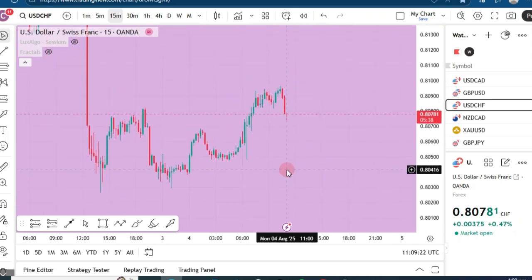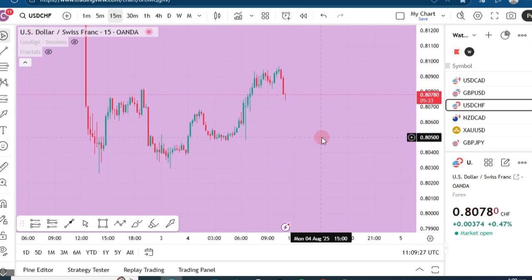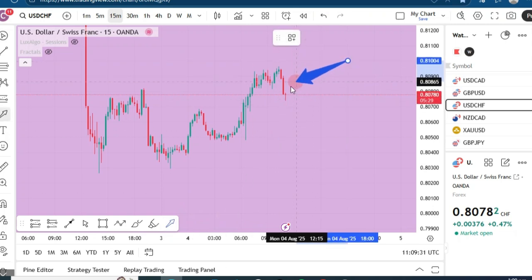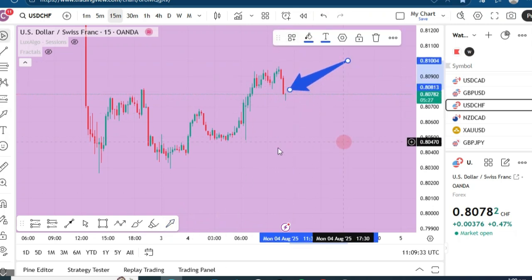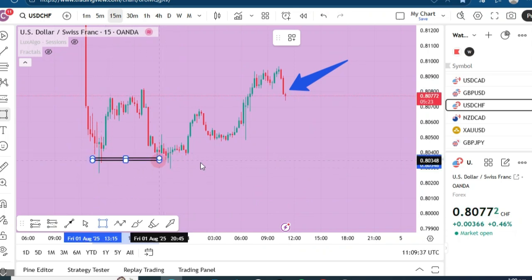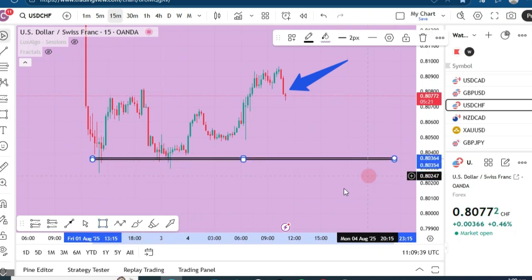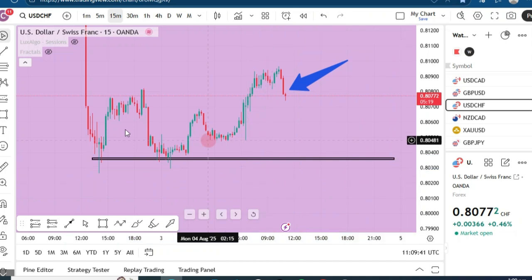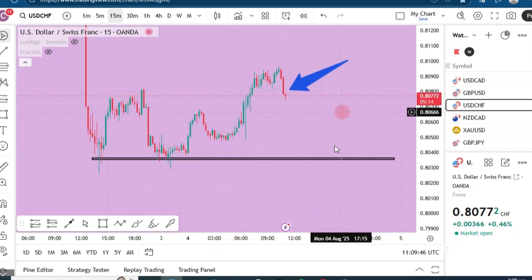We all know that price is going up, it means price is bullish, but I can do something that is just out of the ordinary and sell at this point where we are right now. Why am I selling? It's because I definitely know that price will be coming around this zone over here. Why? Because you can see the pattern. Price is consolidating around these areas, in as much as on the bigger time frame price is going up.